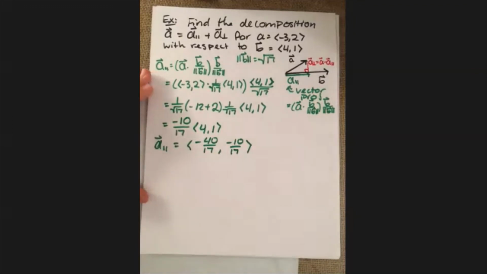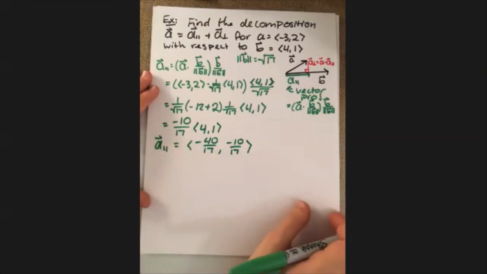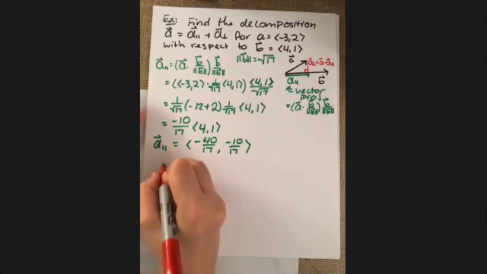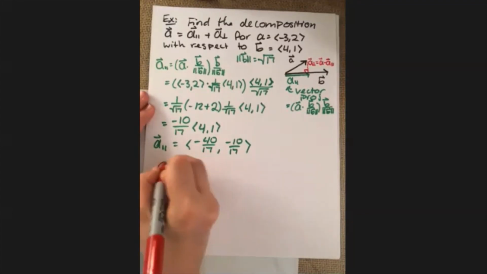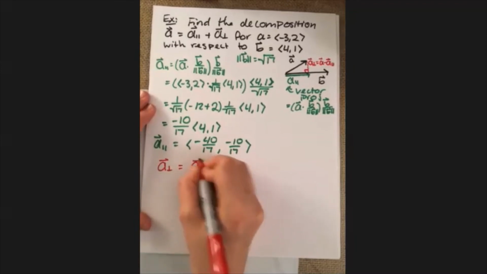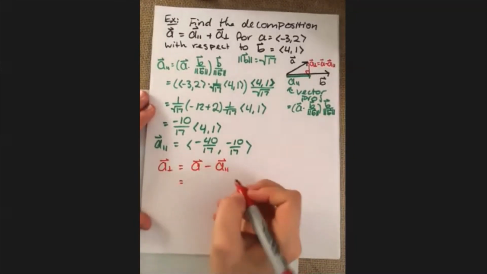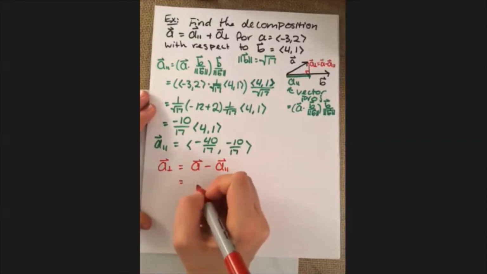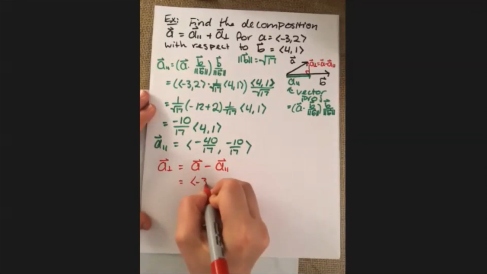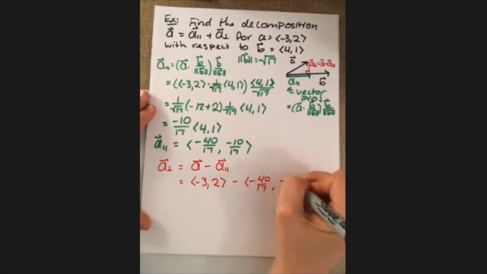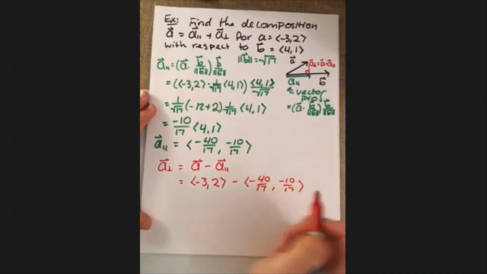Okay, great. So this is our parallel part. And now all we've got to do is take this and subtract it off from A to get our perpendicular part. So this is just equal to -3, 2 minus -40 over 17, -10 over 17.